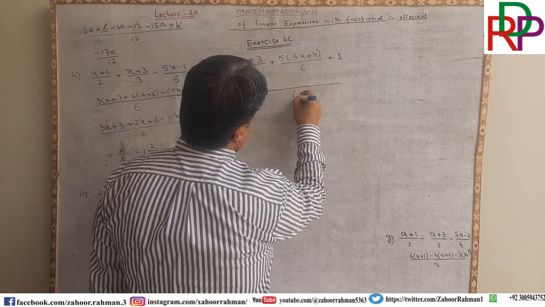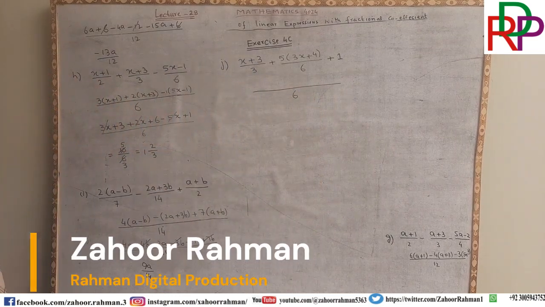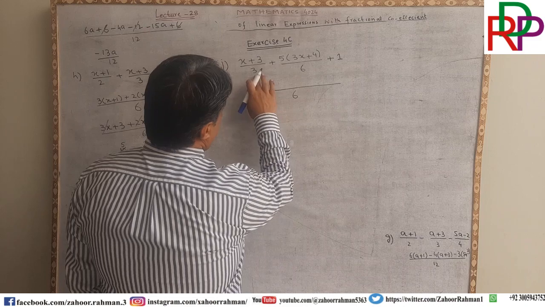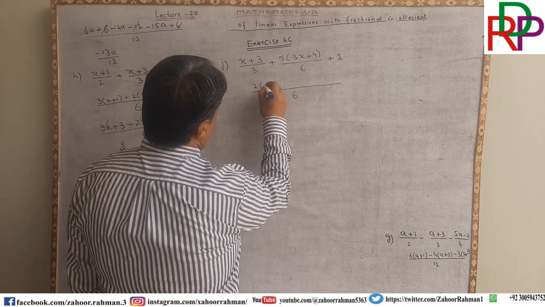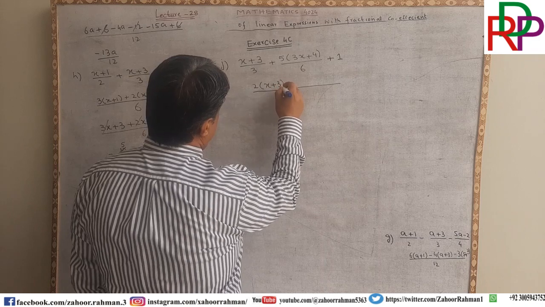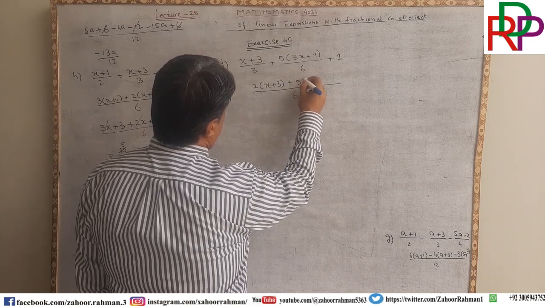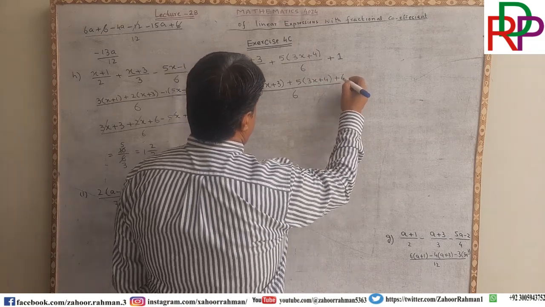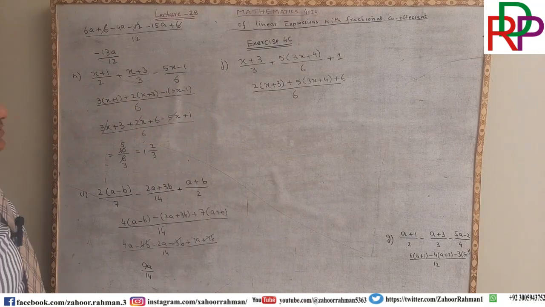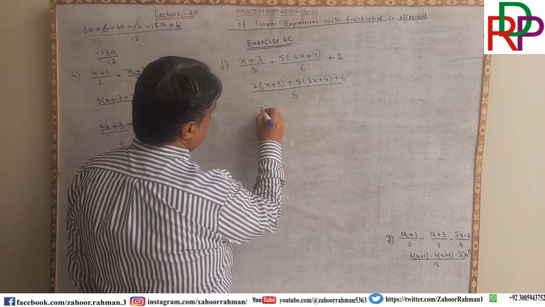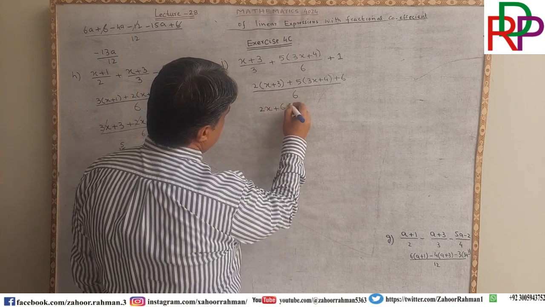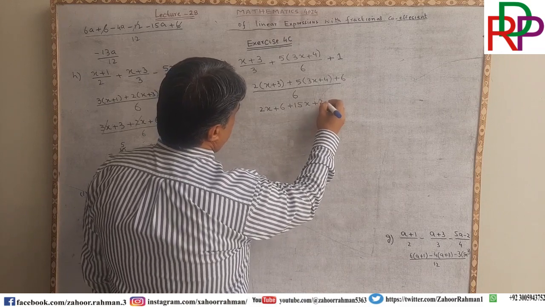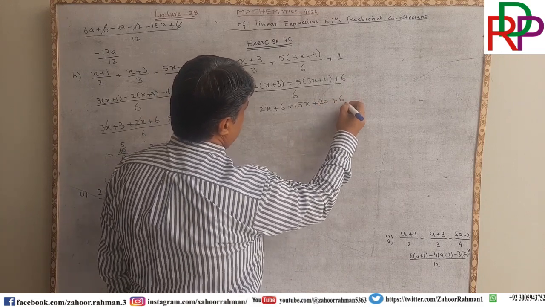So I have to take the LCM as 6, and then I have to divide this. So 2 into x plus 3, plus 5 into 3x plus 4, plus 6. Now we have to multiply: 2x plus 6 plus 15x plus 20 and plus 6.